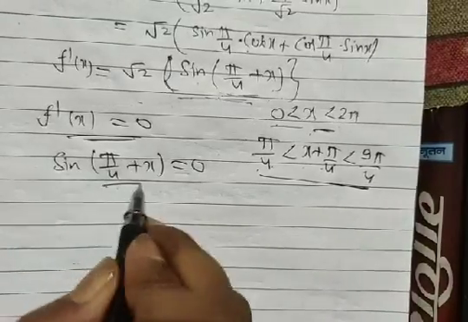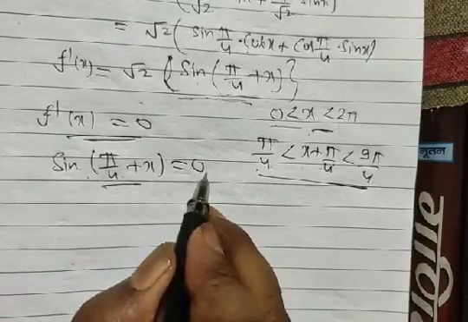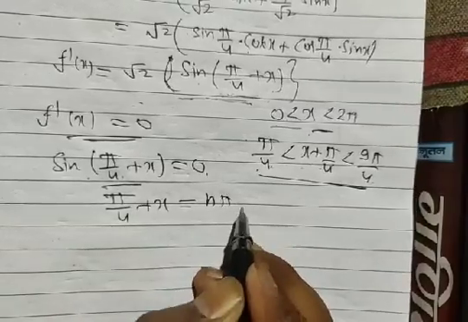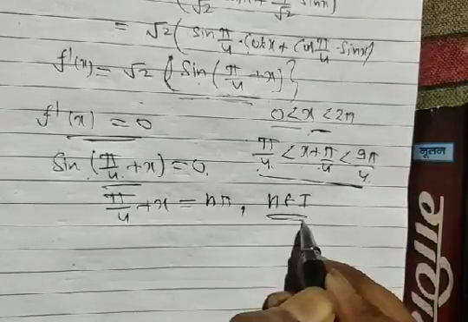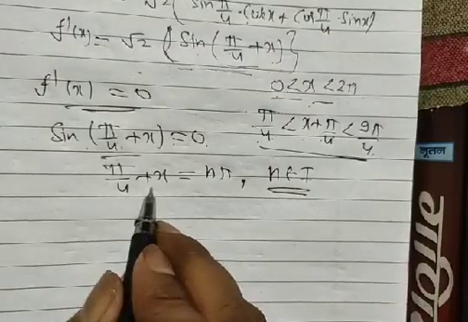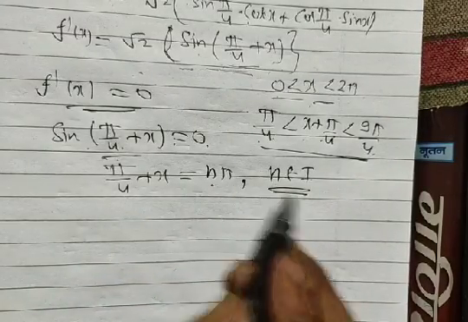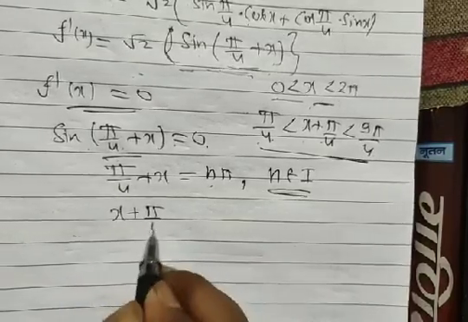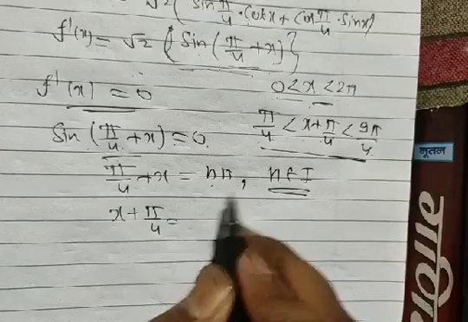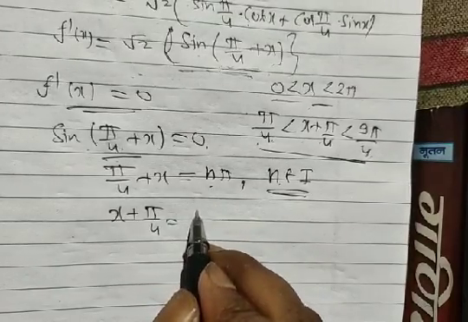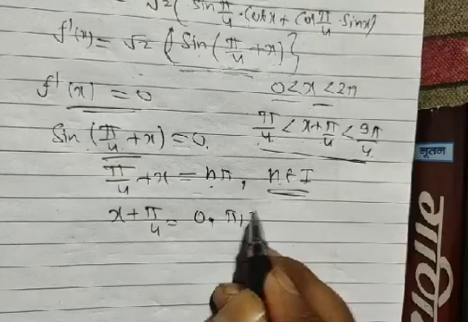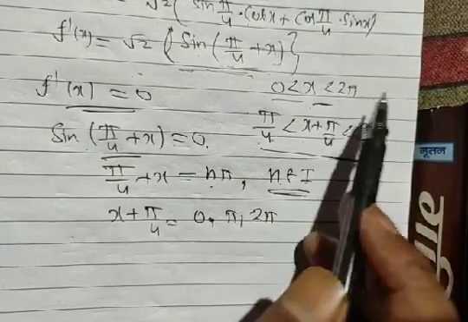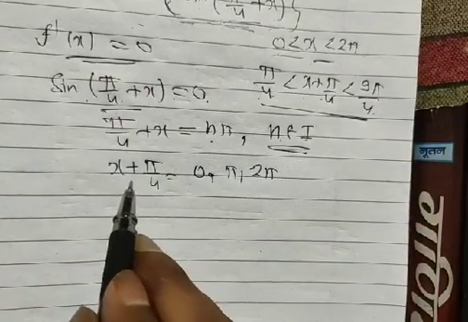Then by the formula, sin theta equal to sin alpha, our pi by 4 plus x equals n pi, where n belongs to I. Putting n equal to 0, 1, 2, we get x plus pi by 4 equal to 0, pi, and 2 pi. We cannot accept 2 pi here, because x plus pi by 4 lies between pi by 4 and 9 pi by 4.